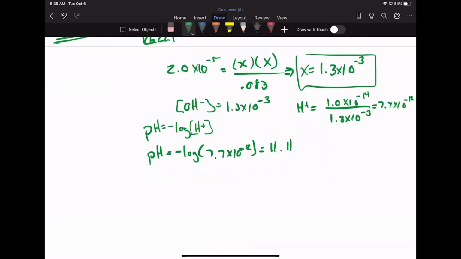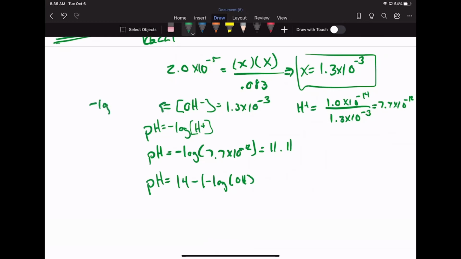The other way that we can do it is pH is equal to 14 minus the negative log of OH. So I'm just going to take the negative log of this value.